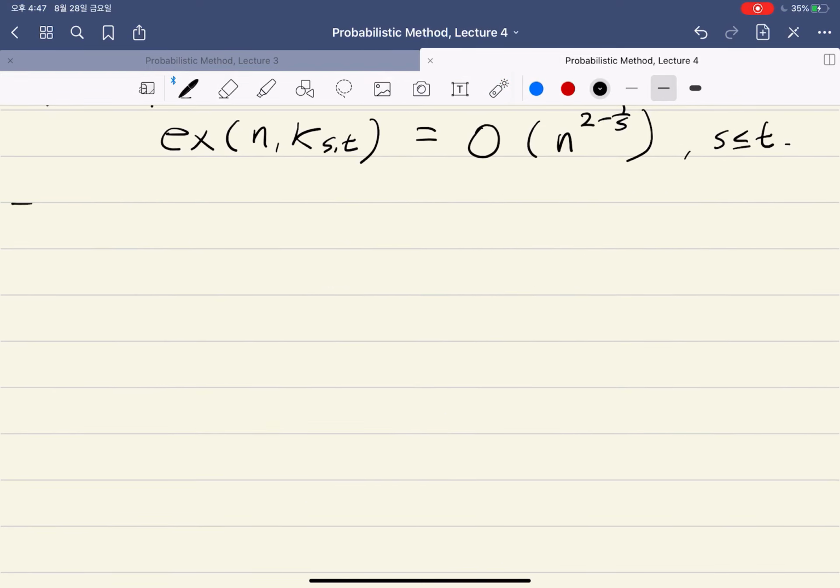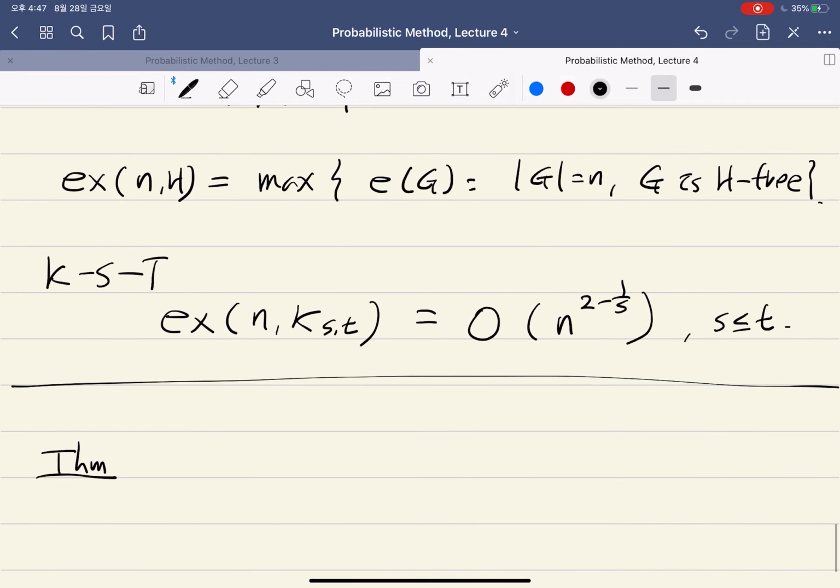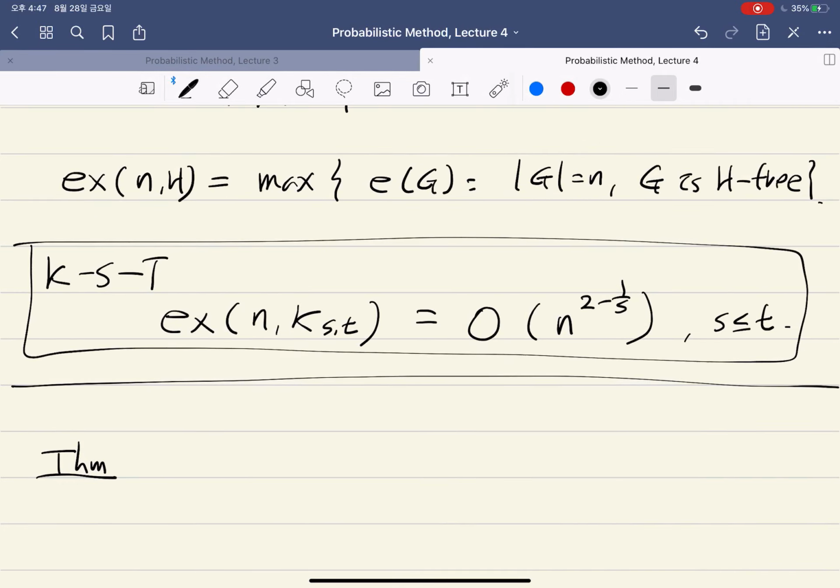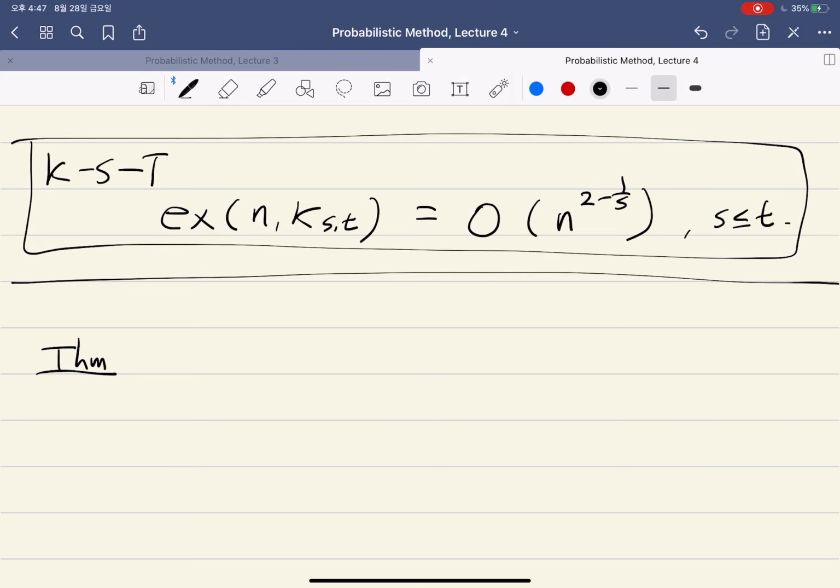Now we will learn a technique to prove the following theorem. We want to generalize the Kővári–Sós–Turán theorem a bit by showing the following using the alteration method.